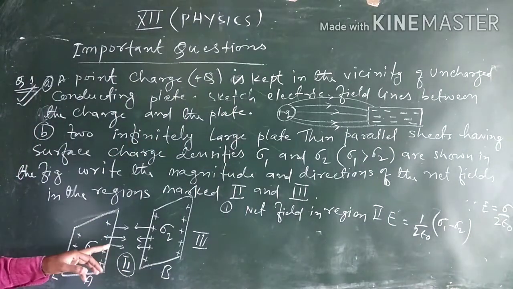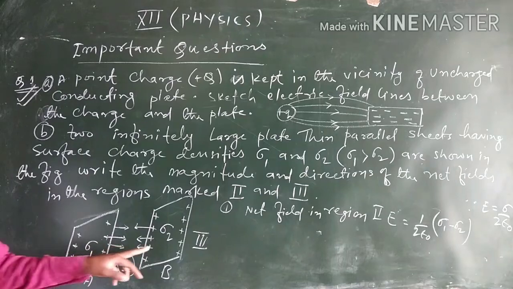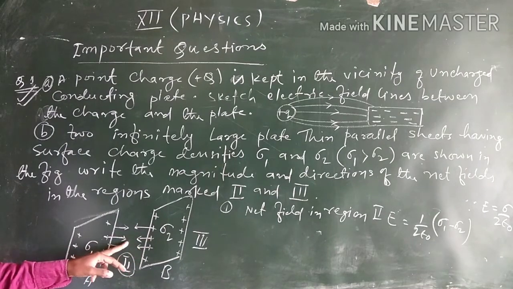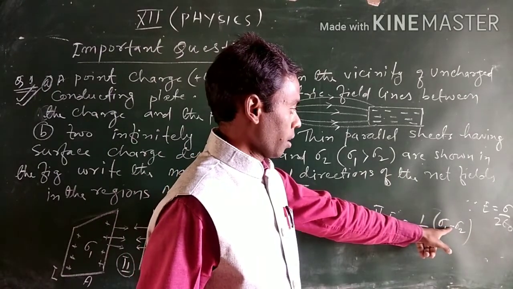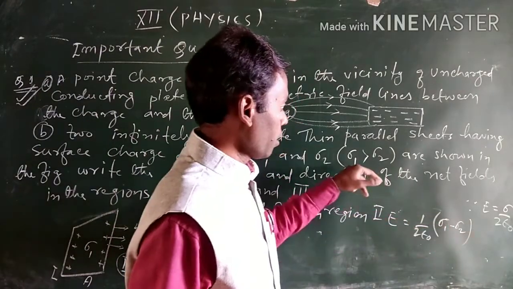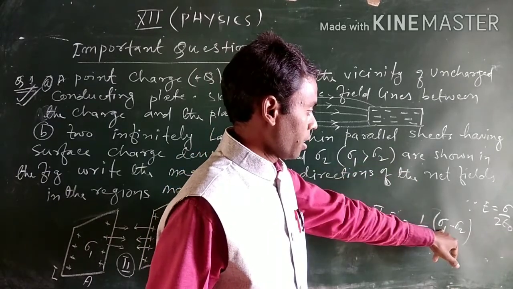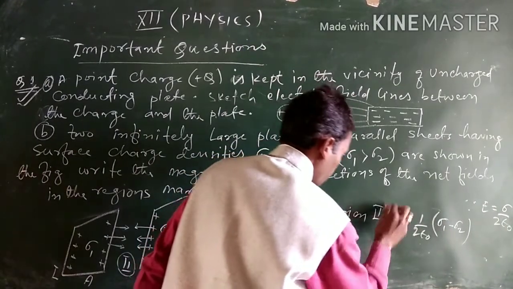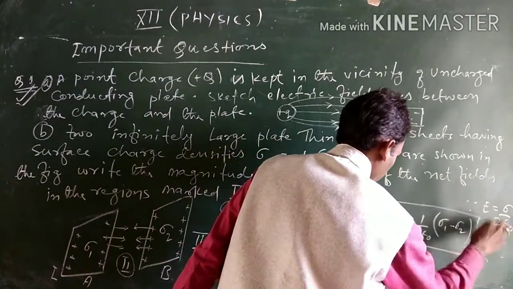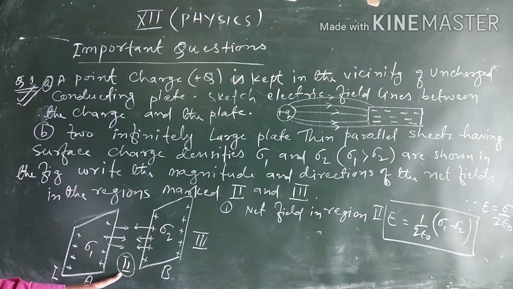Because we have to add this one and this one, but the direction is opposite. That's why between them it will be negative, because sigma 1 is greater than sigma 2. That's why we have to write sigma 1 minus sigma 2. This will be the net electric field in this region.